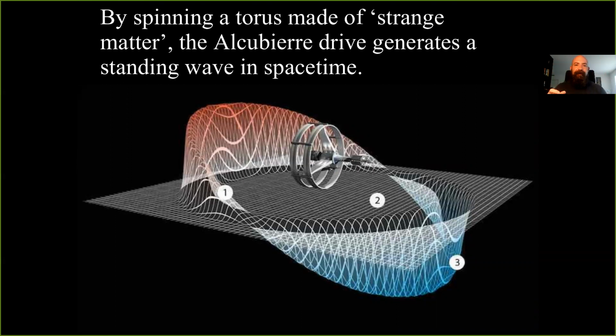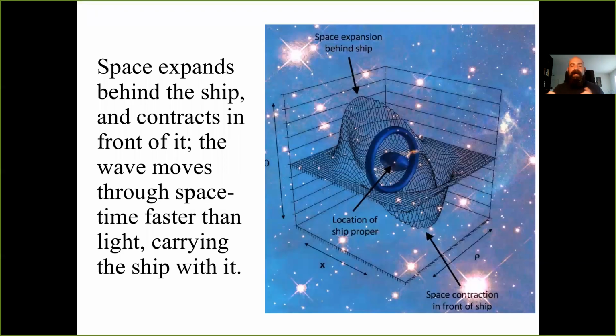And that spinning generates kind of a soliton, a kind of standing wave in space-time. So behind the ship, space expands. In front of the ship, space contracts. The soliton travels through space-time faster than the speed of light, and it carries with it everything that's inside of it, i.e. the spacecraft, which is generating the wave in the first place.